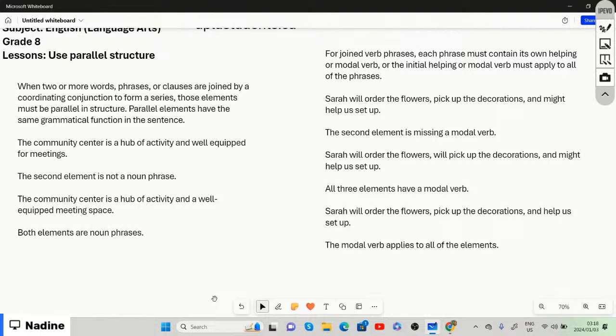So we say that when two or more words, phrases, or clauses are joined by a coordinating conjunction to form a series, then those elements must be parallel in structure. And parallel elements have the same grammatical functions within a sentence.